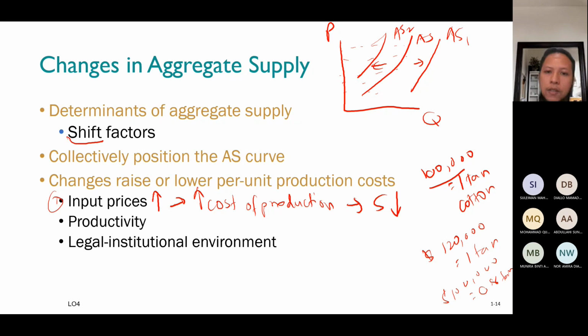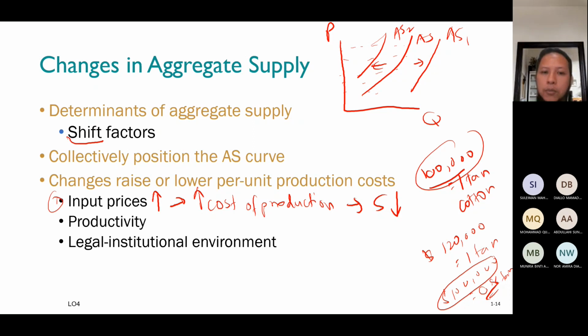The same amount of money you have, but the input that you can buy is less. So because of that, the amount that you can produce, or in other words, the amount that you can supply in the economy, will be less. Okay, so this is the reason, the influence.